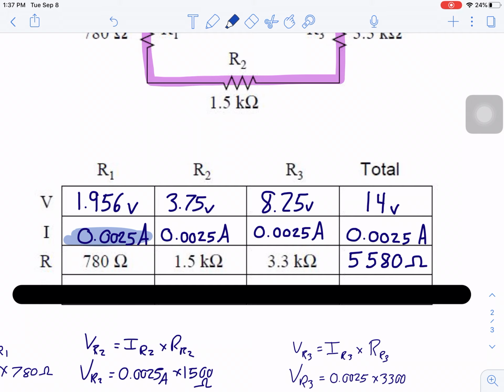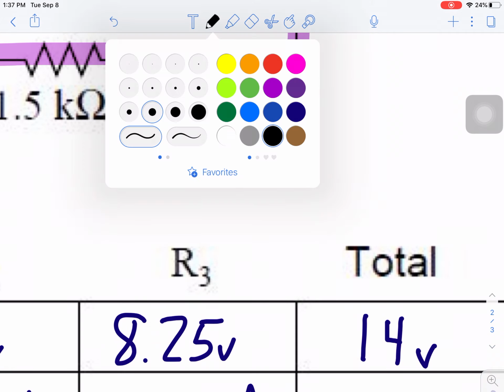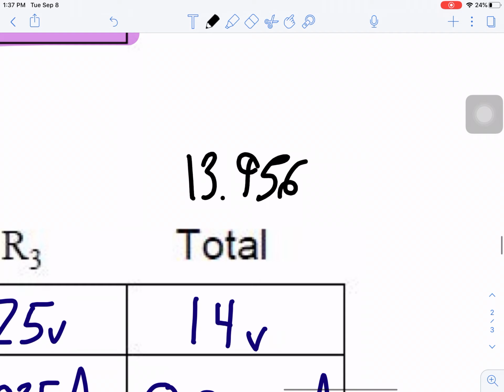Well, if I throw that into my calculator really quick, I get 13.956. So 13.956 is pretty close to 14.